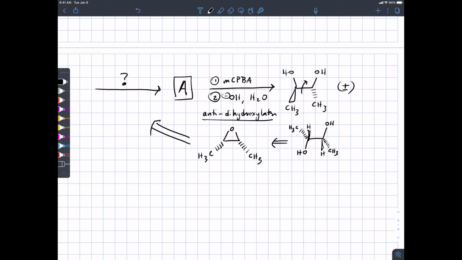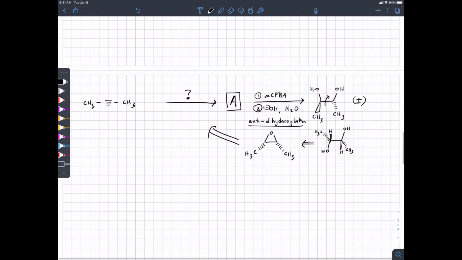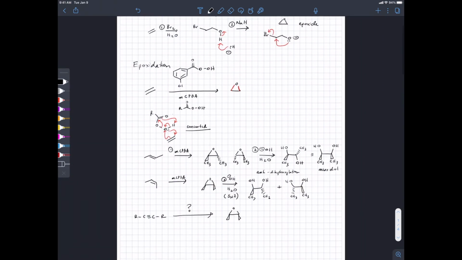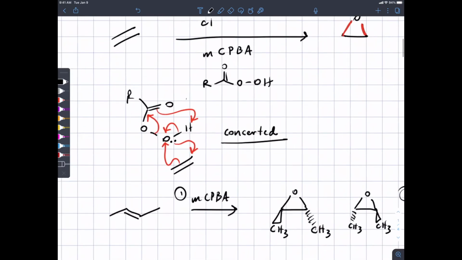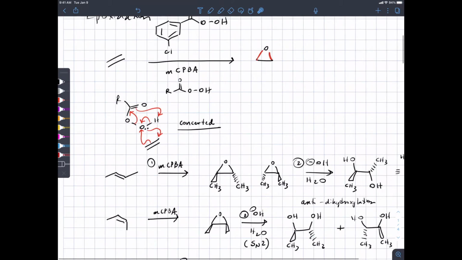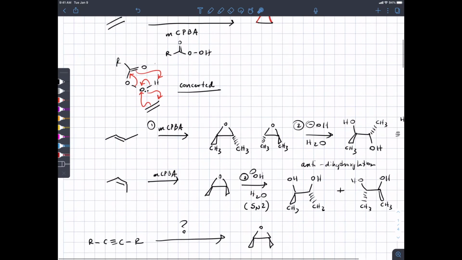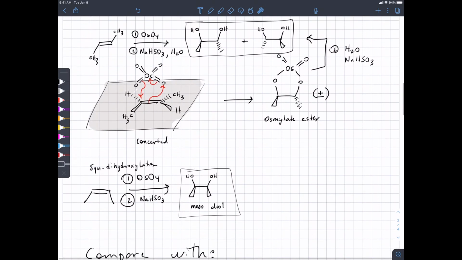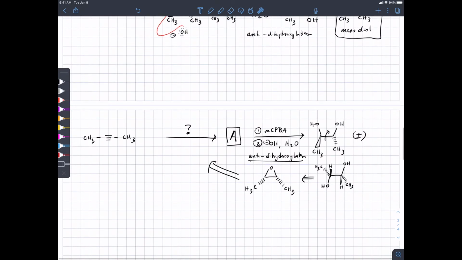What should the stereochemistry be? Cis, right? Remember, in making the epoxide, both of the oxygen-carbon bonds form on the same face, same side of the alkene. So if we want the meso-epoxide, we have to start with the cis alkene.